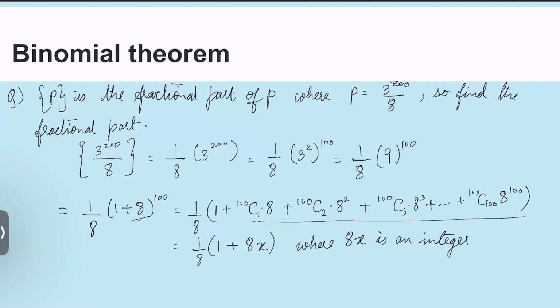Okay, so then 1 by 8 is multiplied, and this whole thing also becomes an integer.